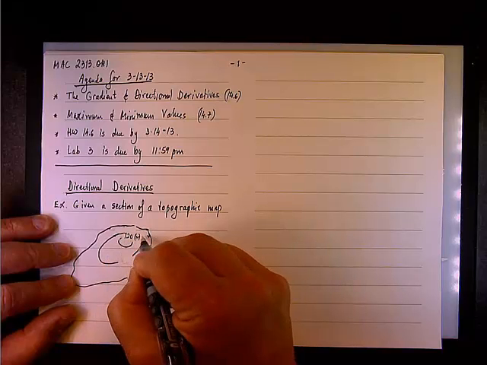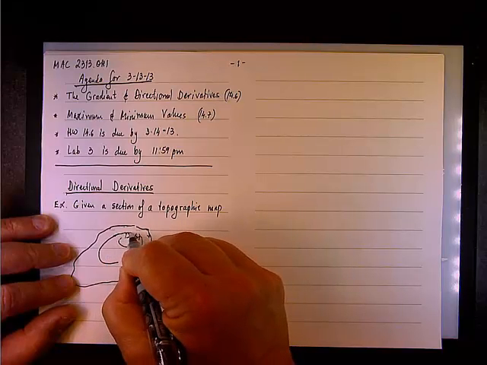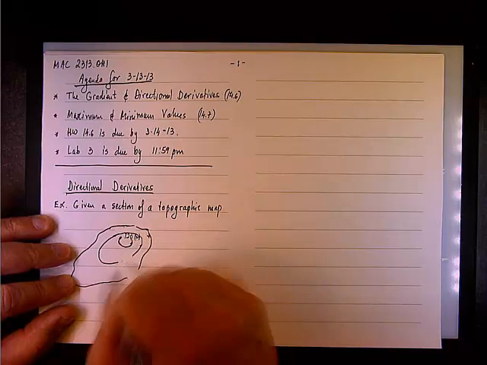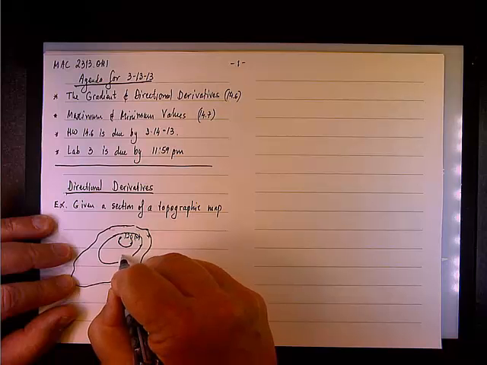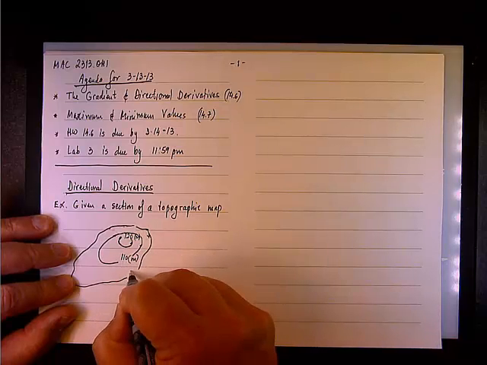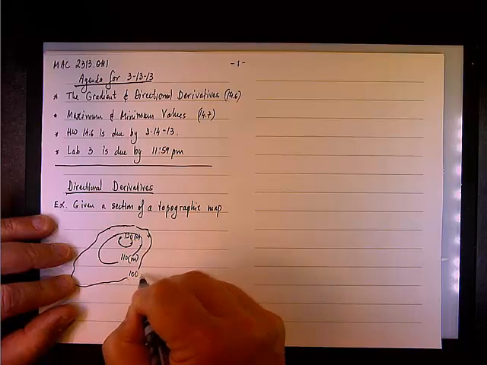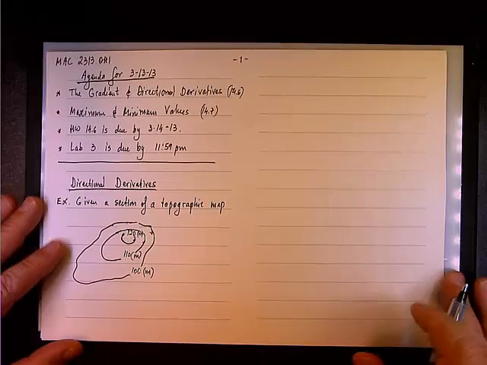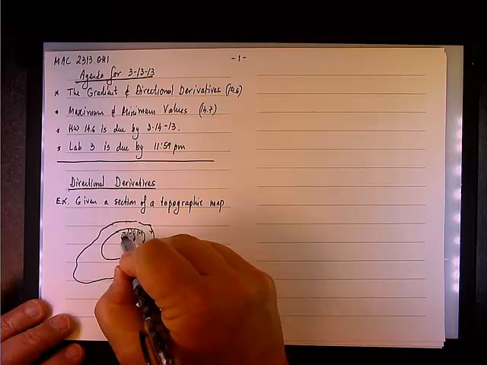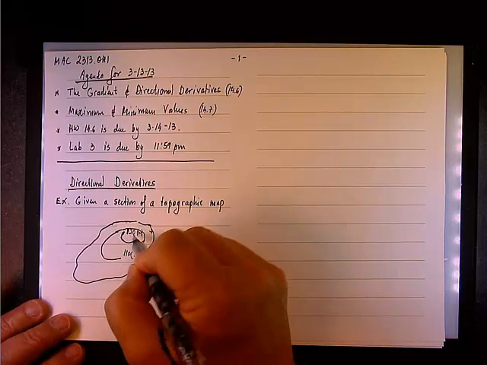I don't know how many of you have seen a topographic map before, but this is a section of a topographic map. Of course, it is entirely the fruit of my imagination, and what you can see are level curves, or a contour map.